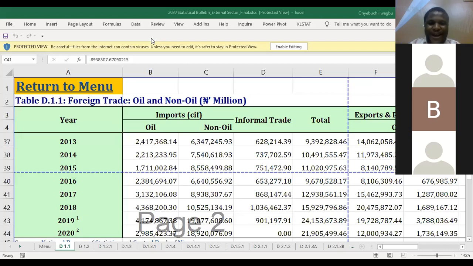You need to provide justifications for that. You need to provide an explanation. You need to tell us why. What really happened? You need to provide reasons. And that was why I first of all showed you the determinants of import. What determines import? That gives you an idea of what constitutes your import.